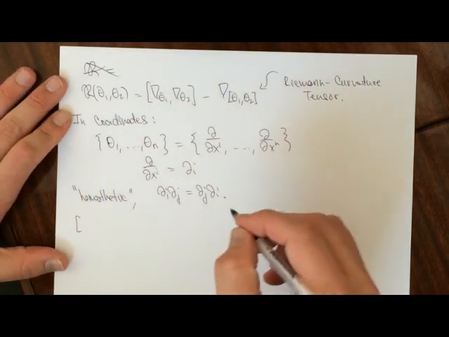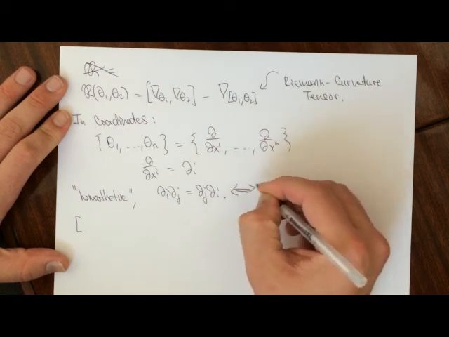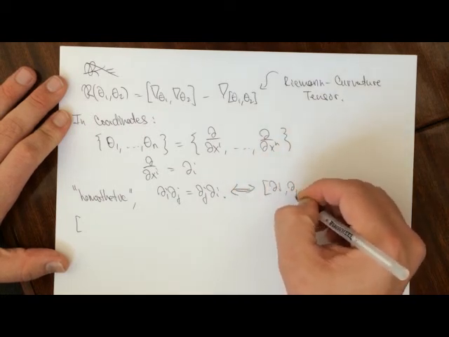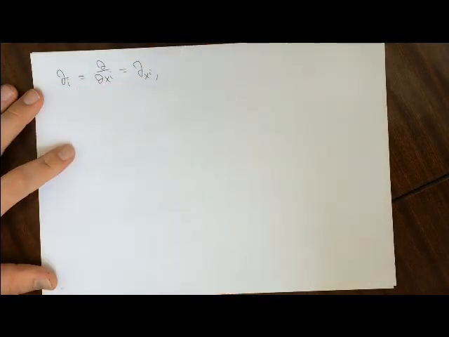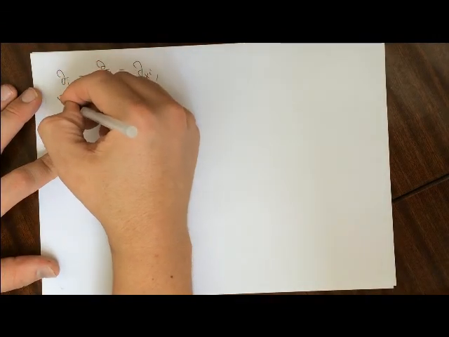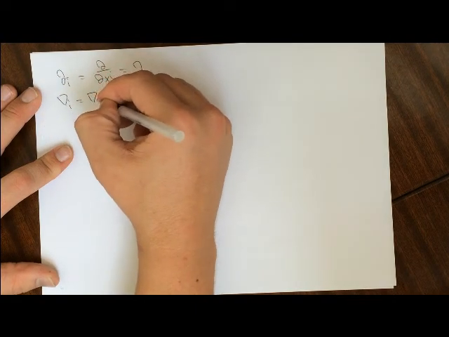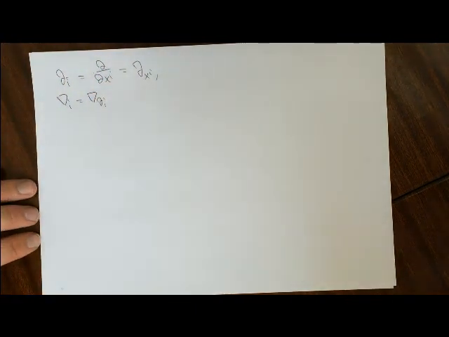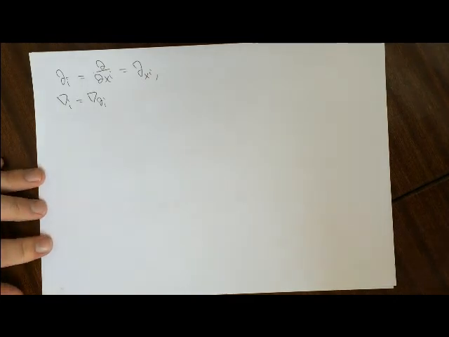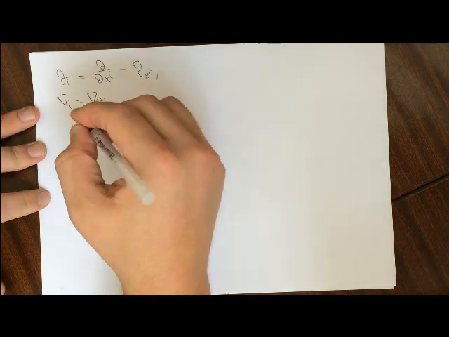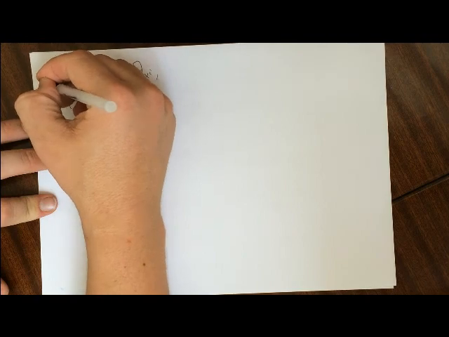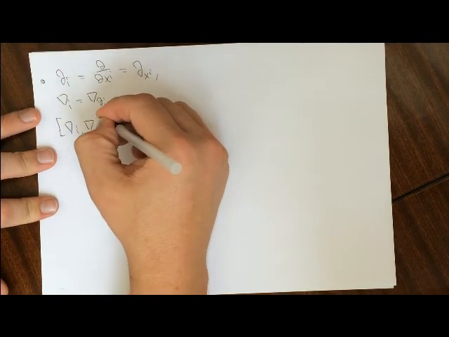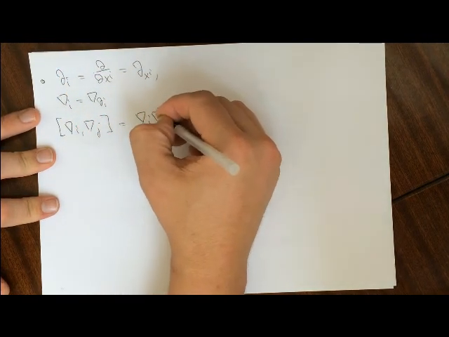So since they're homothetic, this is the same thing as saying that the commutator of d_i and d_j is 0. And then we'll take this to be defined as the covariant derivative with respect to the ith parameter, and we're going to look at what this commutation looks like. Okay, so this is here.